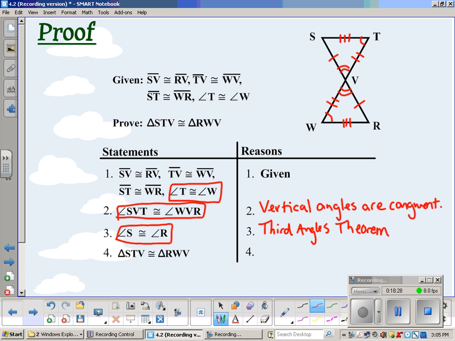All right, now on to statement number 4. This one says triangle STB is congruent to triangle RWV. Now we can prove this for the reason that we got at the beginning of the lesson. When all the corresponding parts of the two triangles are congruent, then the triangles are congruent.